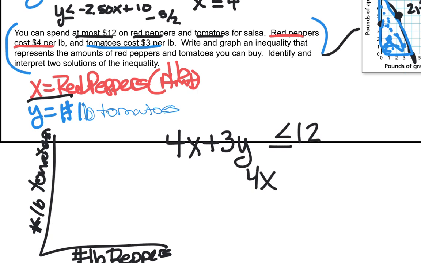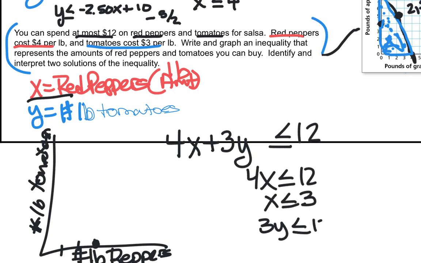So 4X less than or equal to 12, X less than or equal to 3. So 1, 2, 3. And then 3Y is less than or equal to 12, so Y is less than or equal to 4. 1, 2, 3, 4. So there's my intercepts, and there's my line.